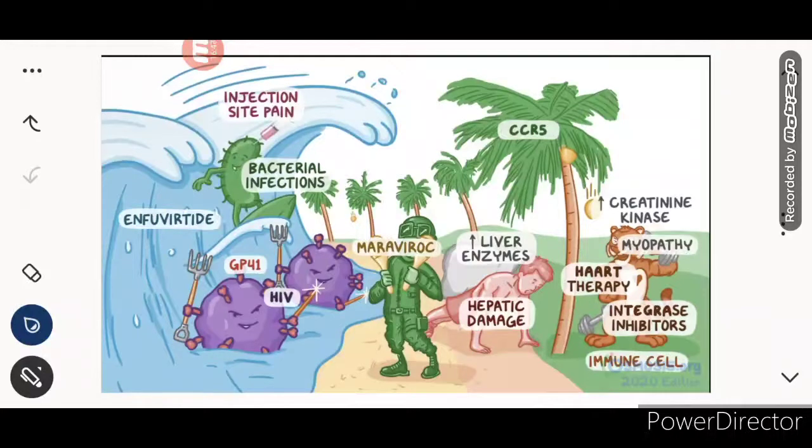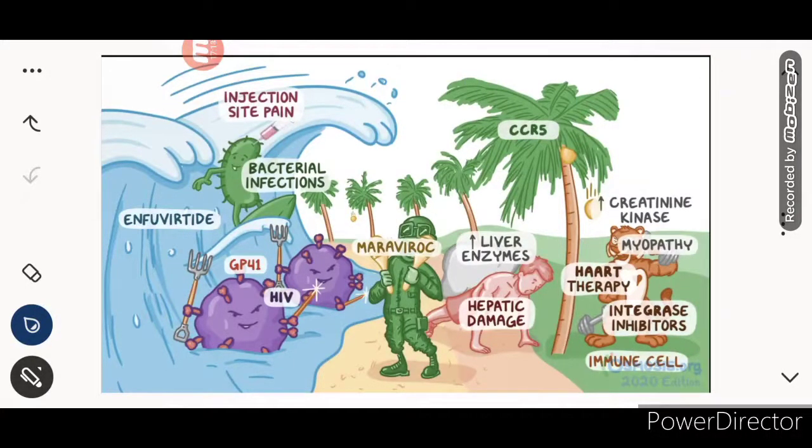These dumbbells represent myopathy because of the muscles, and these are the immune cells, the whole island, that is the T cells or macrophages. The main side effects are hepatic damage and increased liver enzymes, and the falling coconut represents the increased levels of creatine kinase.